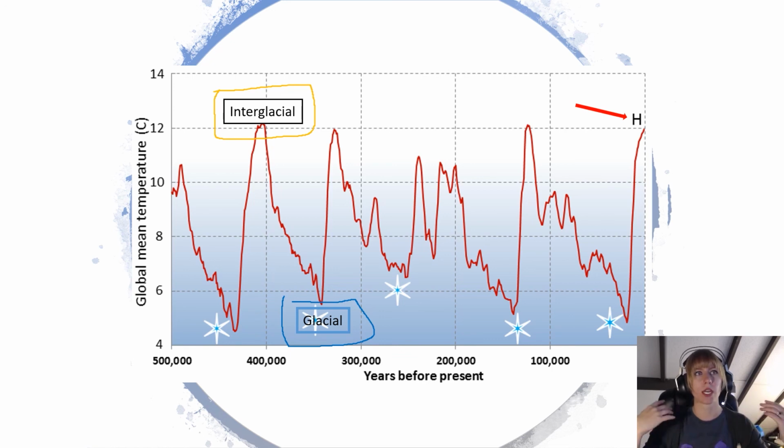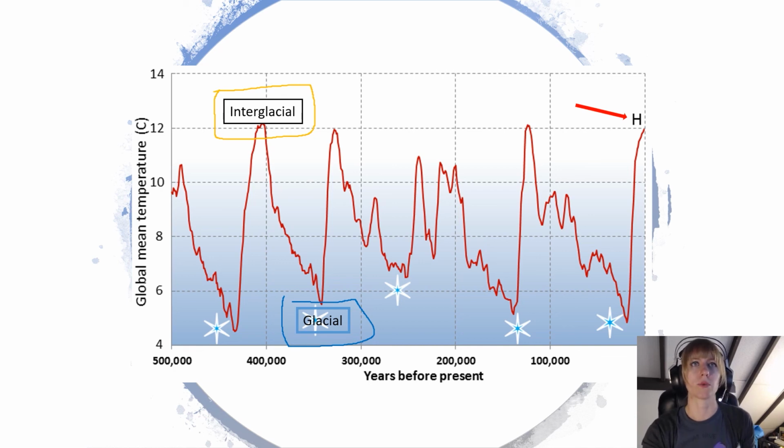So right now we are technically in an interglacial period. And in interglacial periods, it's going to be warmer, sea levels will be higher, and then in glacial periods, because a lot of water is locked up into glaciers, it's colder, and sea level has dropped. So where we are right now, we'd be farther from the coast if this was a glacial period.